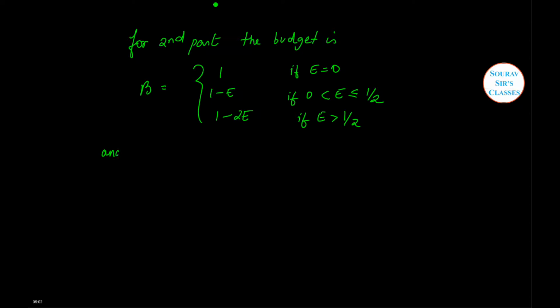And the optimal consumption is E comma B, which is nothing but 0.5 comma 0.5.